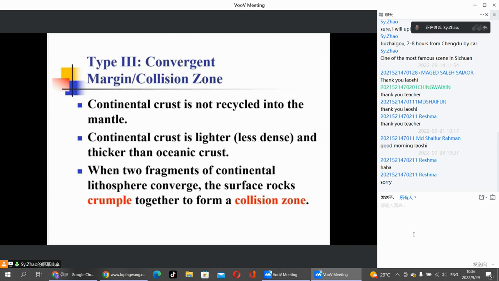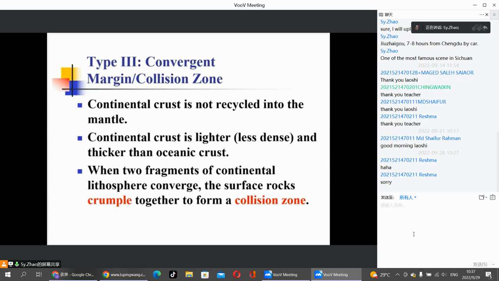And next, I will show the detailed information of the collision zone of convergent margin. The continental crust is not recycled into the mantle, and it is lighter and thicker than the oceanic crust.